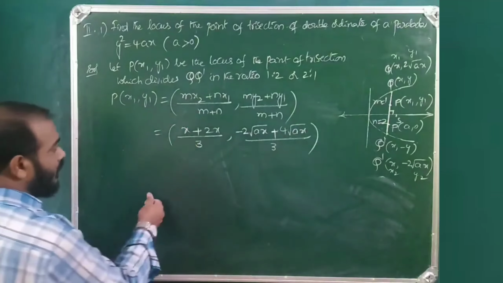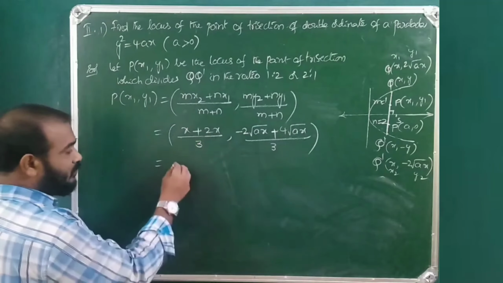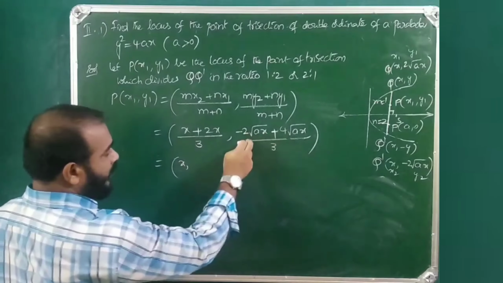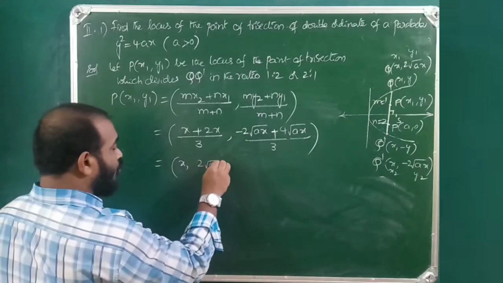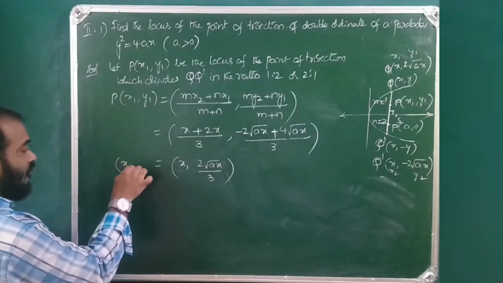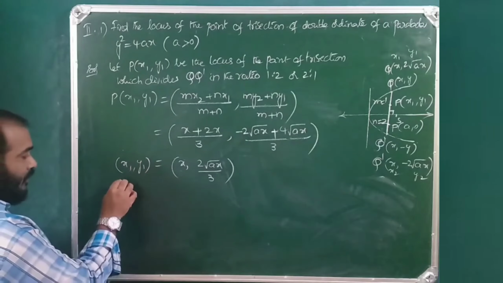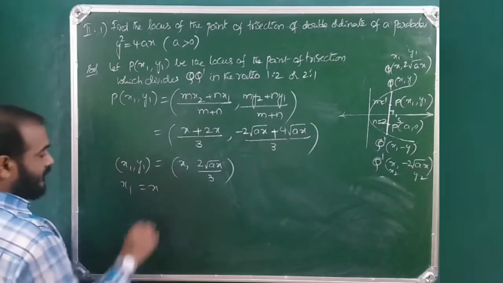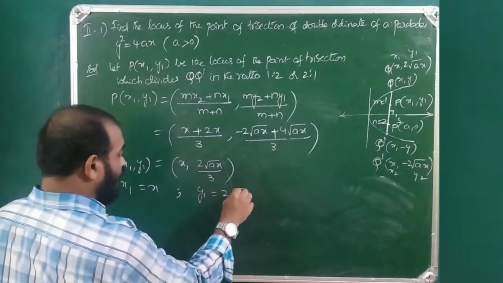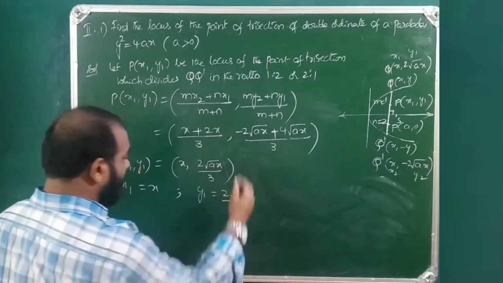This is equal to 3x by 3, which is x, comma, 4 root ax minus 2 root ax, so 2 root ax by 3. This is (x1, y1). From this, x1 equals x and y1 equals 2 root ax by 3.